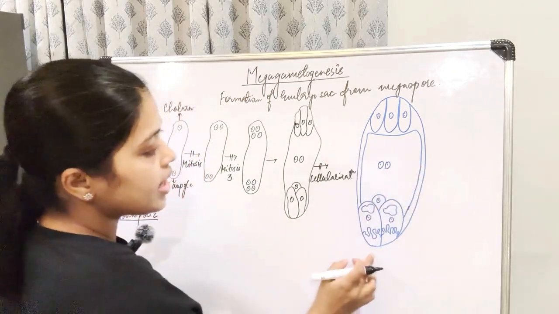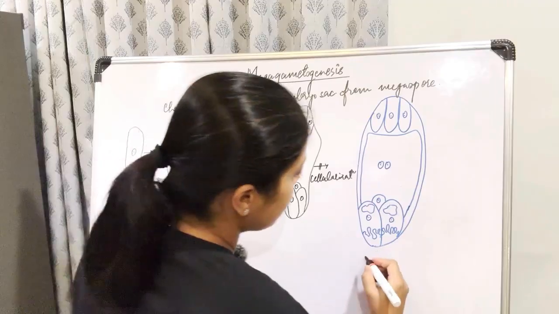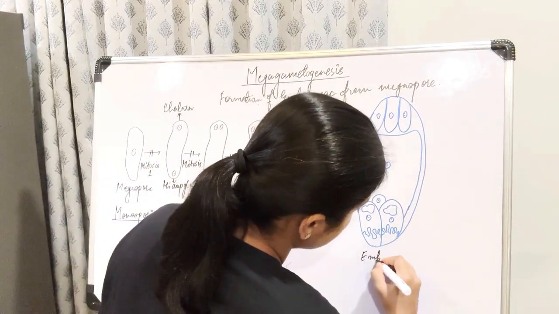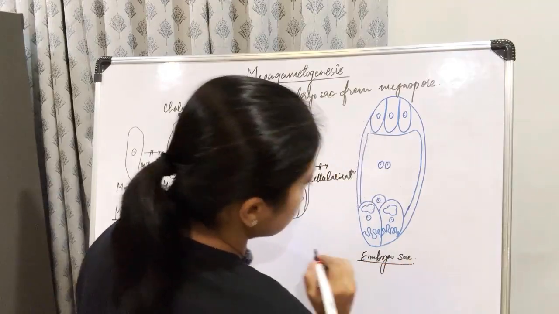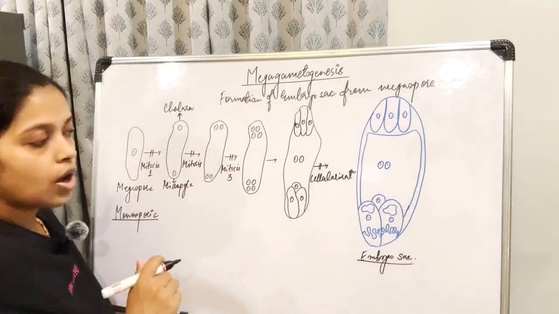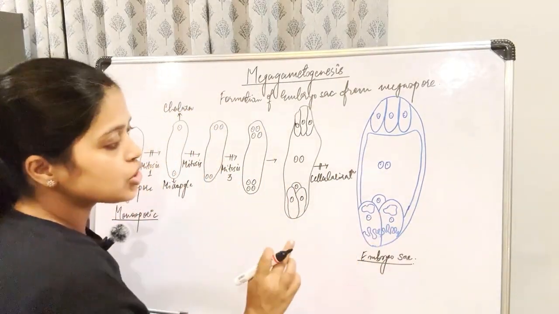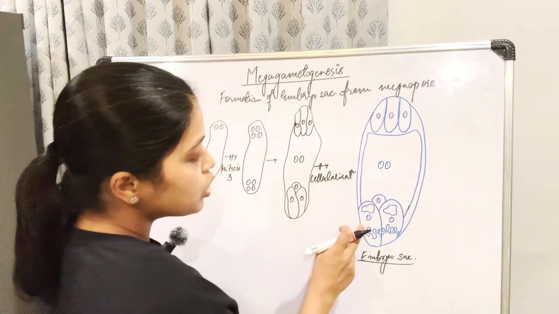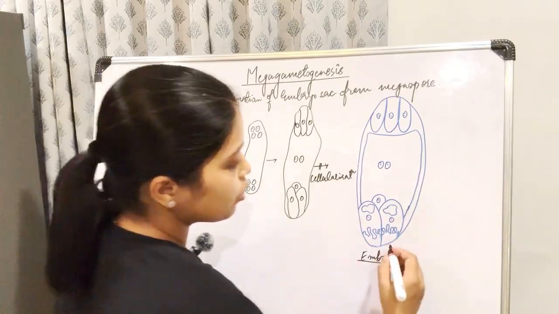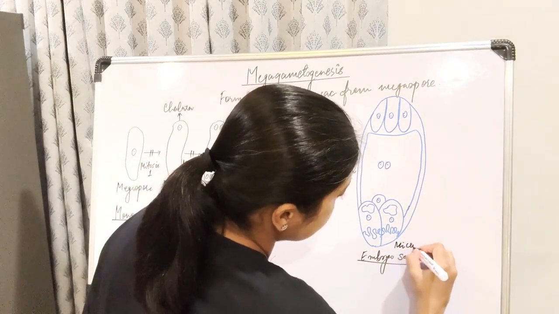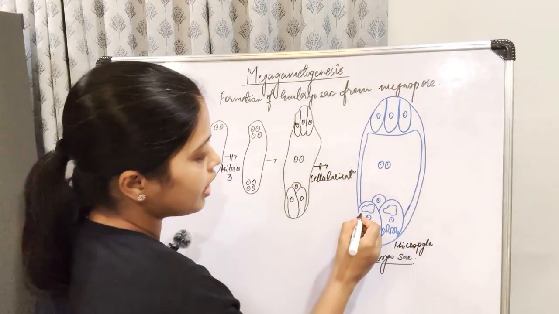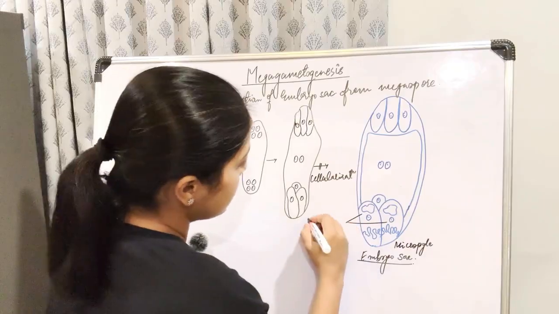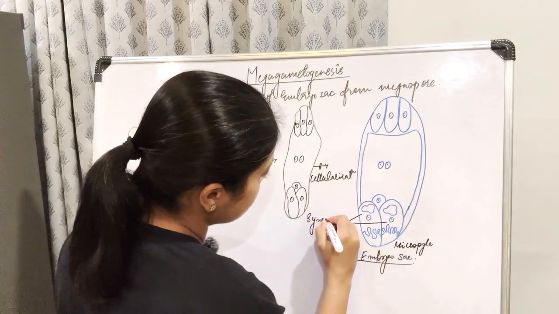So when that has happened, this is the final embryo sac that you see. So now what are each of the cells called? The 2 cells at the micropylar end are called the synergids.